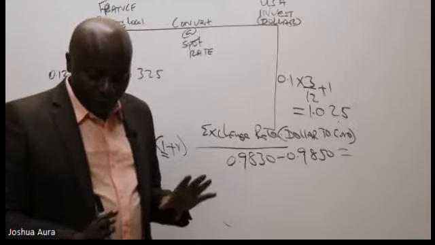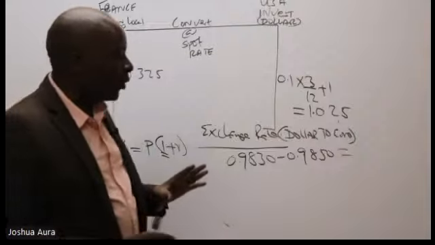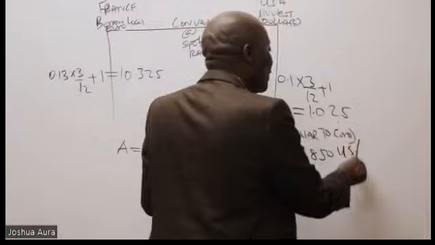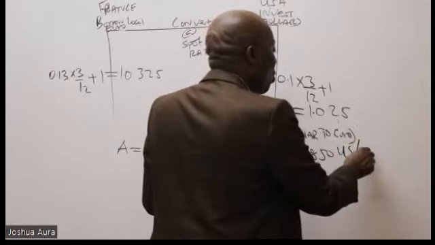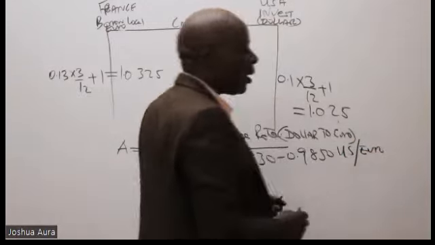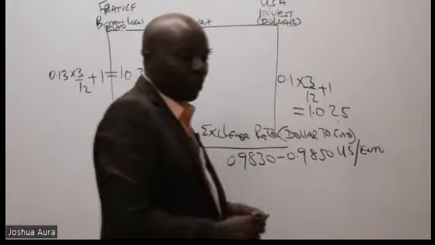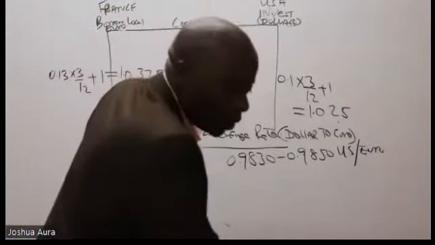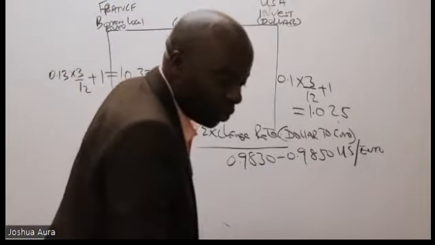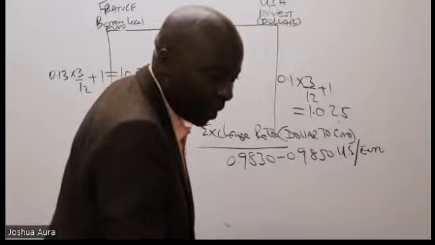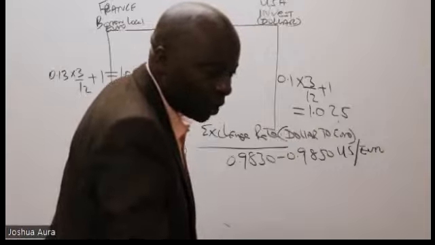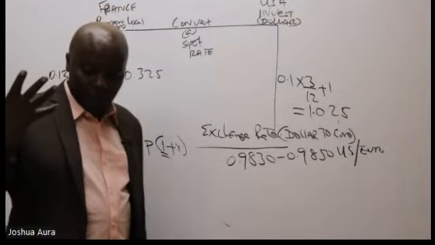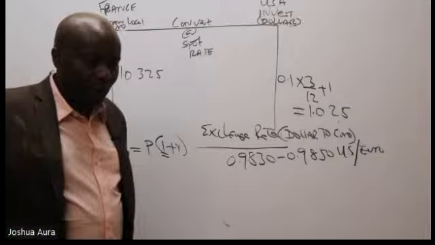They have told us it is US dollars per euro. They told us on top of that table, US dollar per 1 euro.